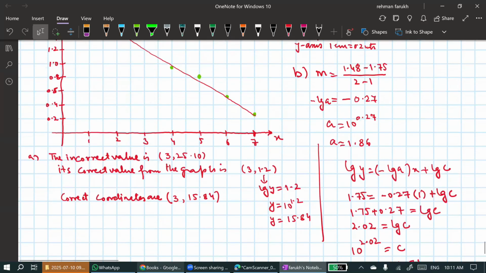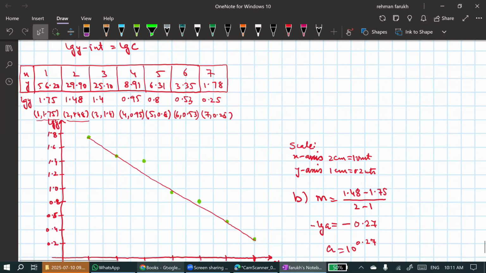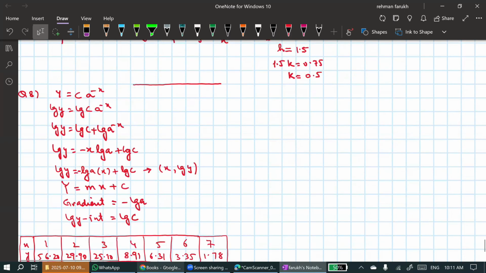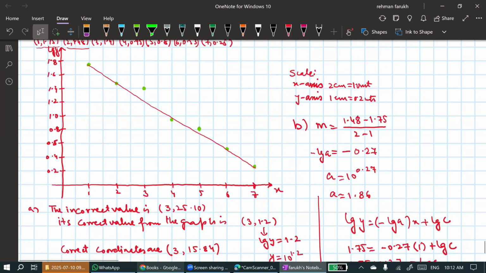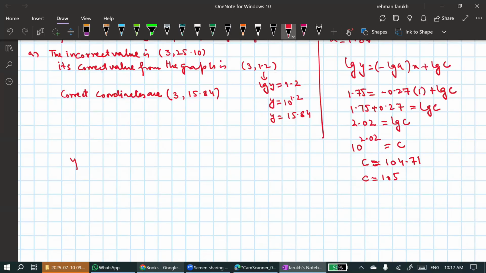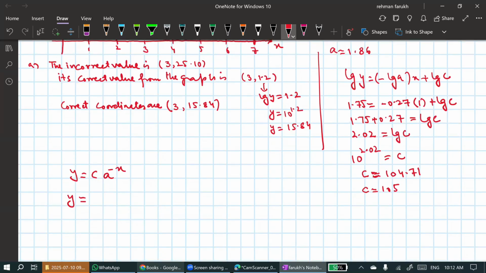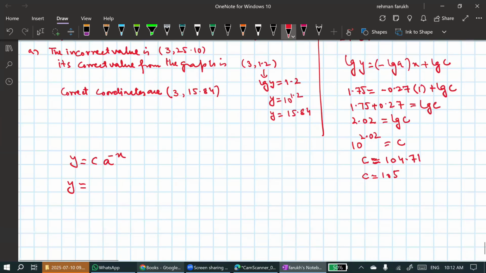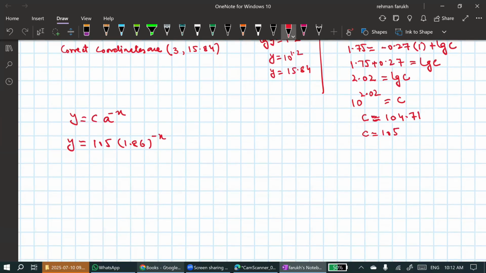Now, the given equation is Y is equal to C times A to the power minus X. A is 1.86. C is 105. We want to find the value of X when Y is equal to 1.